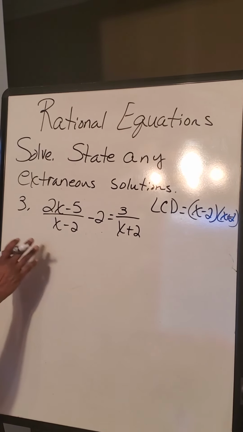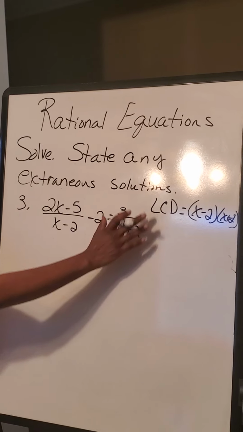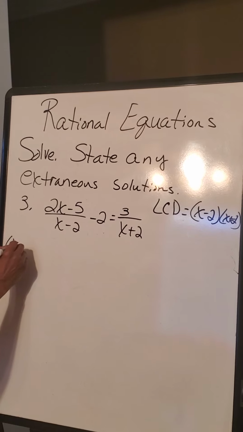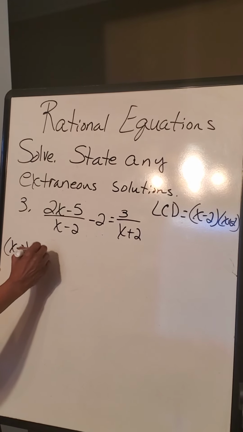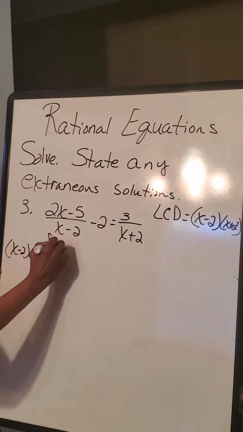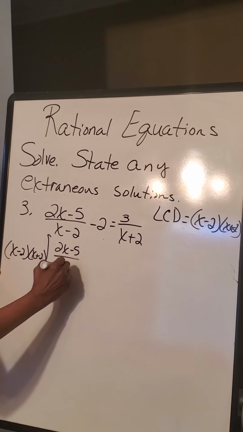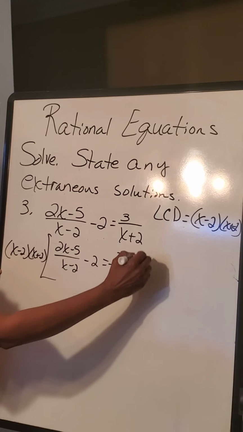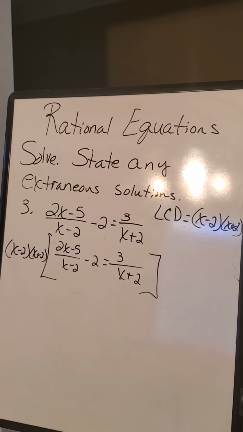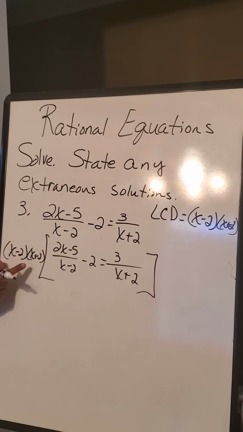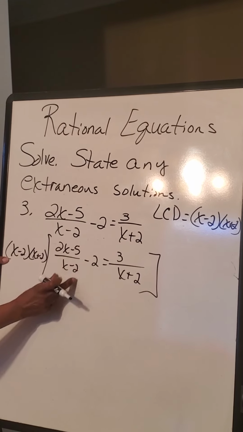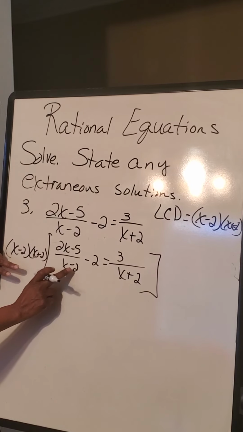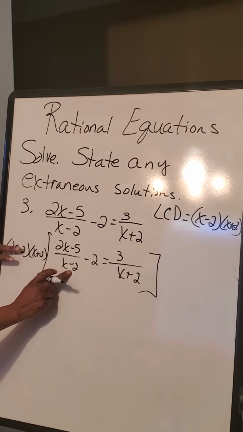So I'm going to multiply this entire equation by this least common denominator. Now as I multiply, I'm going to take this least common denominator, multiply times this first fraction. When I multiply, x minus 2 will go into this denominator.